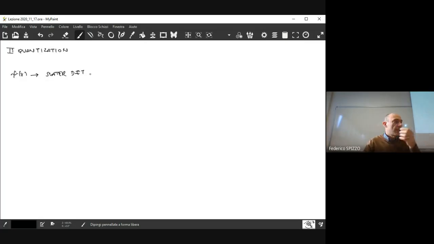Or you consider a current or a flow of electrons that affects your system, so the total number of electrons may not be a constant of the motion. In this case, if you move from N to N-1 or N+2 electrons, you have to build up a new Slater determinant with N-1 or N+2 wave functions.